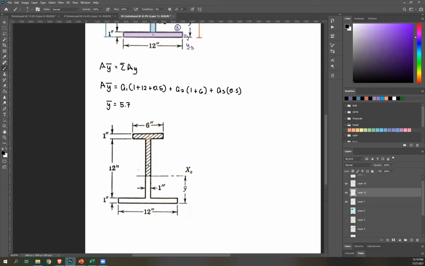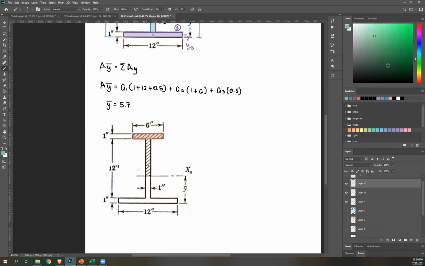Again, we have an odd shape, so we can just get the centroid of it. We'll do the same as the earlier process wherein we divide it into recognizable shapes. We have another rectangle here, and then there's another rectangle, so you can use that as well.